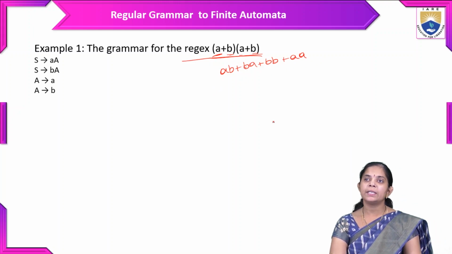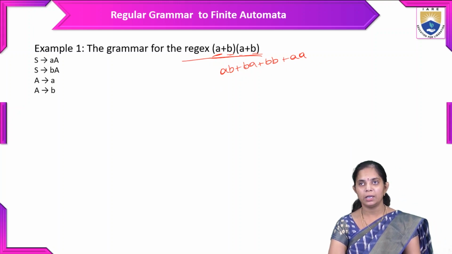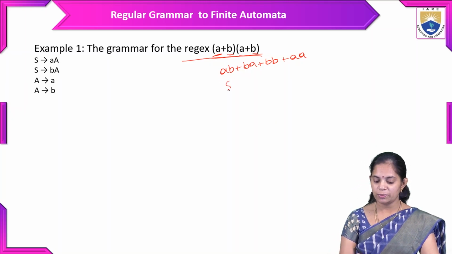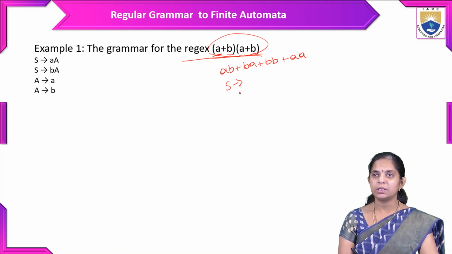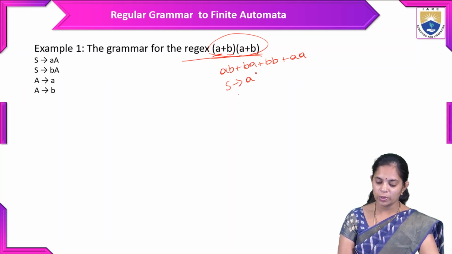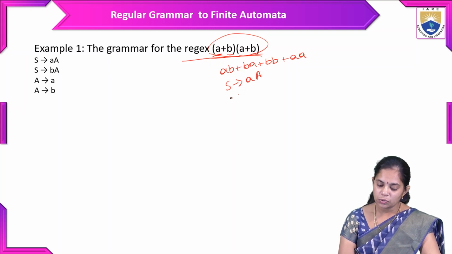For this regular expression, we need to write the regular grammar. First we need to start with the S state. This regular expression says that the string is going to start with a or b. So if you take a as an input value, it is reaching one state, capital A, from the starting state.